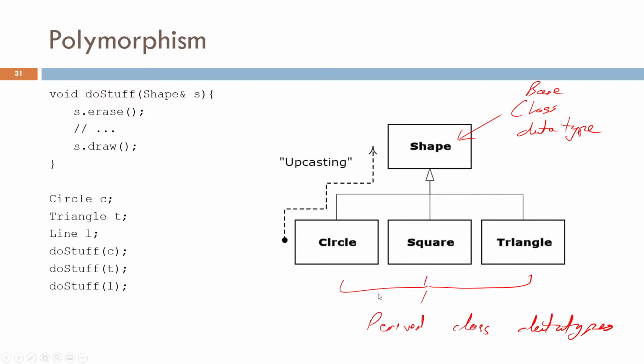Because of that inheritance nature, sharing that relationship between the base class and the derived classes, it's possible for us to use any object that is circle, square, or triangle within our shape function. That concept is what we refer to as polymorphism or upcasting. Any particular questions on this?